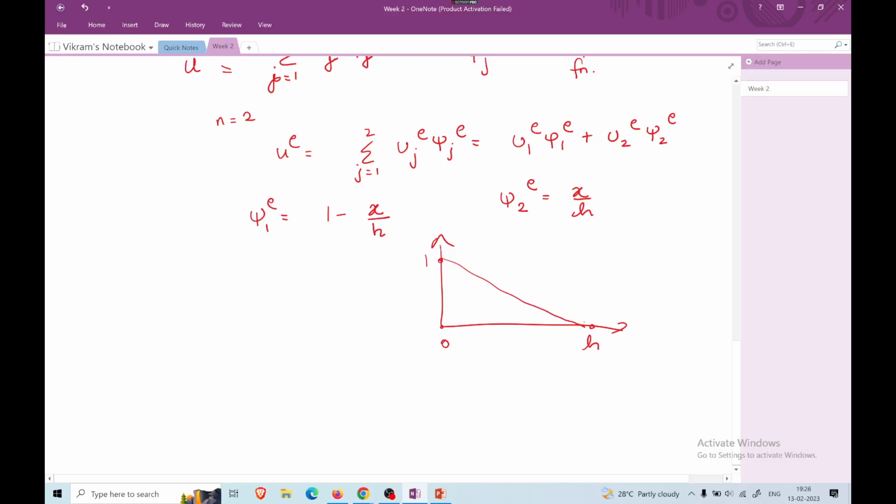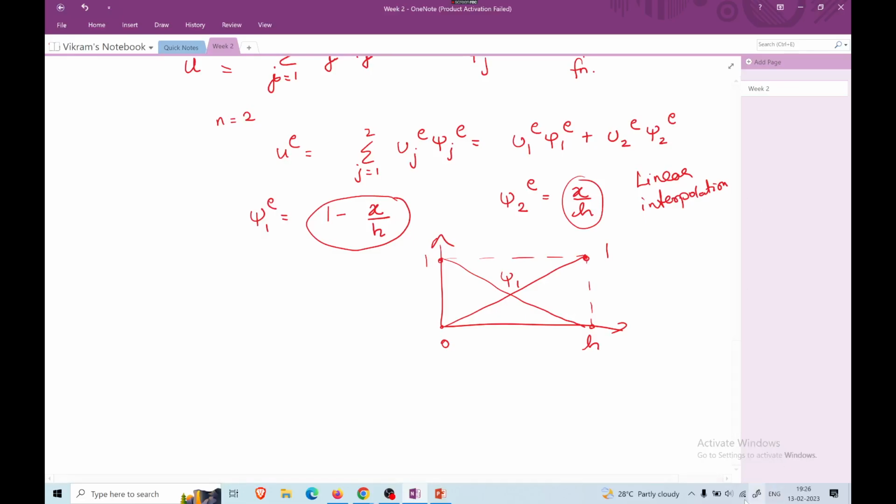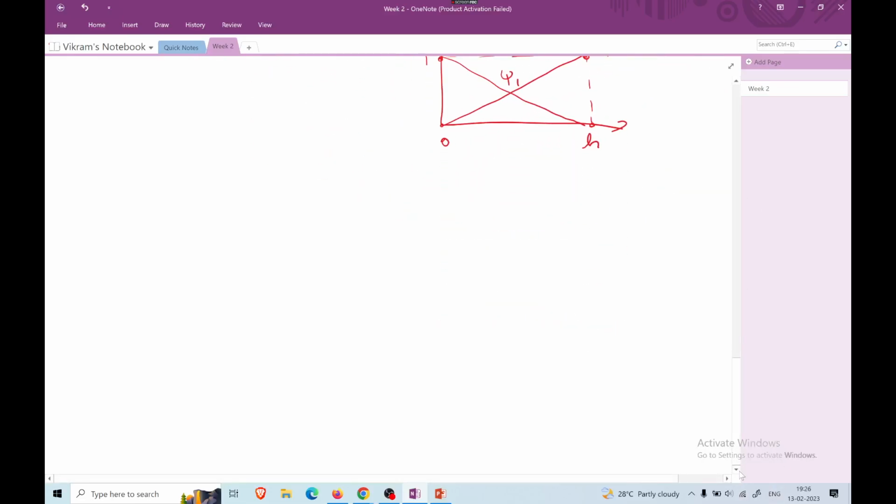This is psi 1. Then psi 2 is exactly the opposite. Here it is 1, here it is 0. So this is a linear interpolation, and the assumption of interpolation function is done.